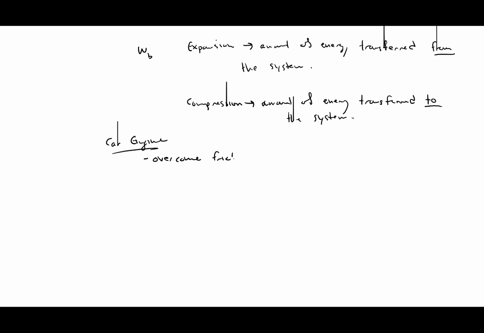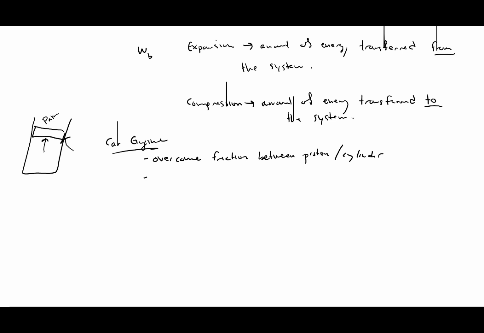So we need to overcome the friction between the piston and cylinder. We need to push the atmospheric air out of the way, because let's just draw this piston cylinder. So let's say we're expanding, so it's being pushed up. There's going to be atmospheric air here that needs to be pushed out of the way.